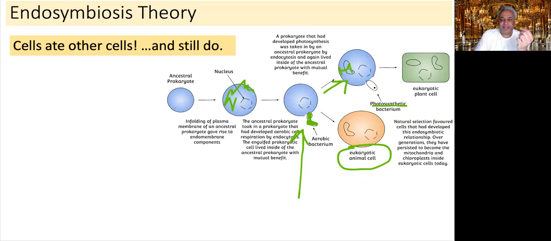So these cells accidentally picked these up, or on purpose, and they started living inside their cytoplasm too. So now this branch of the eukaryotes had two passengers, the mitochondria bacteria type, and then the photosynthetic bacteria type. And over time, they became the norm, and today we call them plant cells. So plant cells have inside them not only mitochondria, but they have the photosynthetic bacteria, which we call chloroplasts.